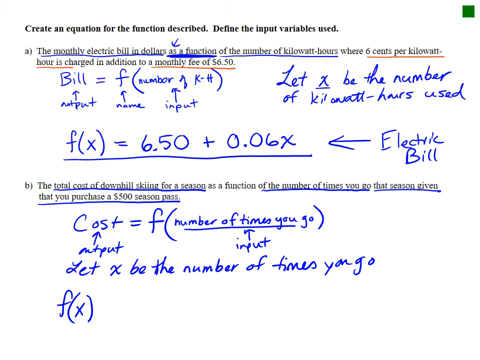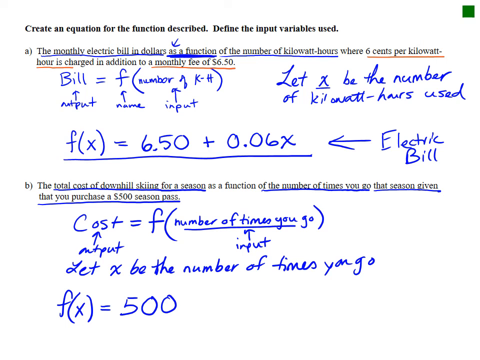It allows you to go 1 time, 2 times, 3 times, 4 times, as many times as you want during that season. So how much are you really paying? You have to pay $500. Does it matter how many times you go? No. It's a better deal if you go a whole bunch of times, but you're only paying $500 once. So this is a flat fee. f of x is equal to 500.